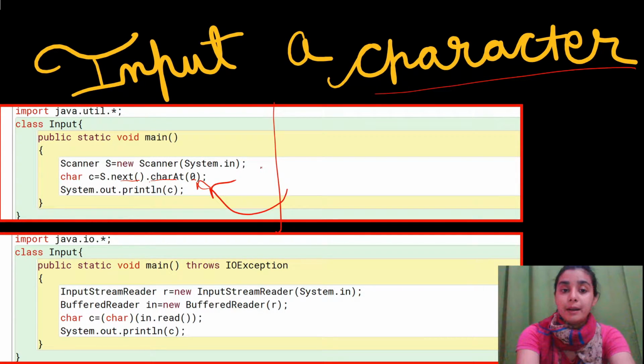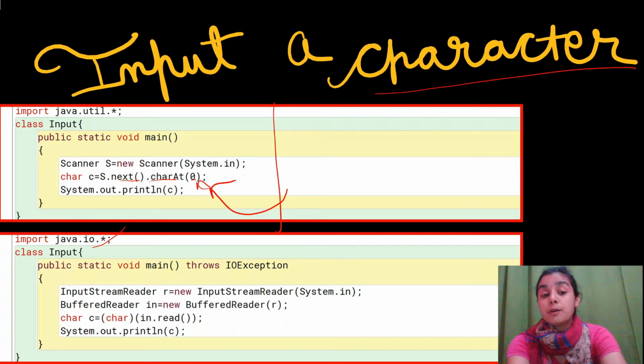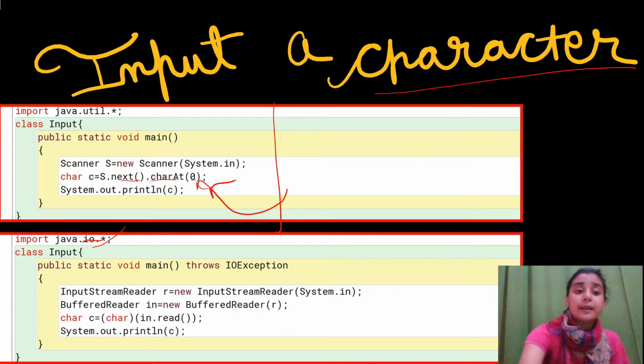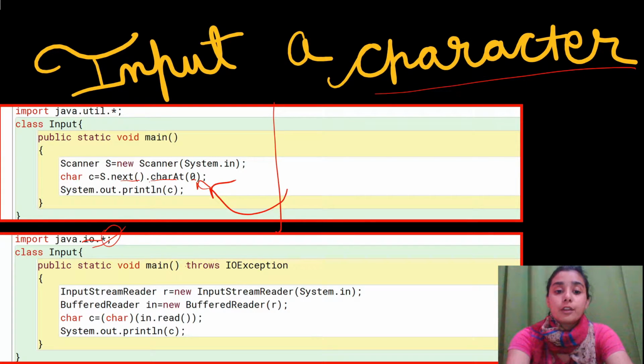But what if I want to give the input with the help of buffered reader and input stream reader? For that I have to import the IO package, the input output package. I have given the star, and I already discussed what it means. Now I have to write throws IOException, because sometimes it throws the exception, 99% it throws the exception, so we have to put the IOException there.